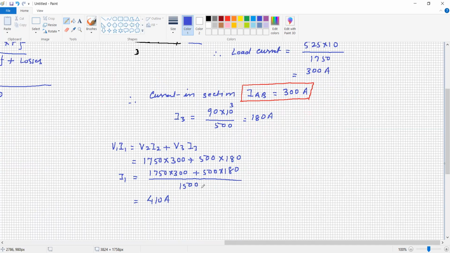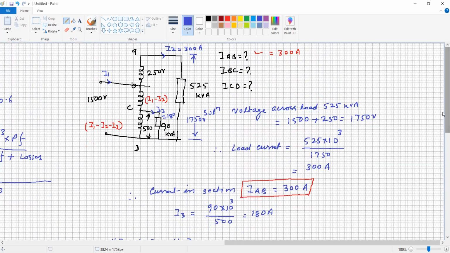Now this current is clear. So when the current is clear, can we write the current in the section? Therefore, current IBC is equal to I1 minus I2.